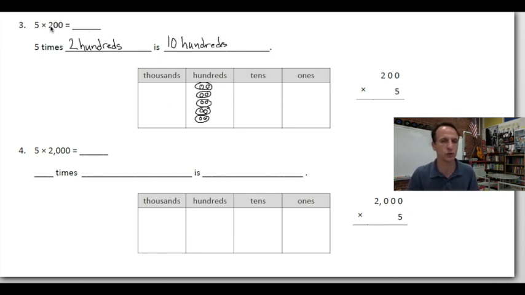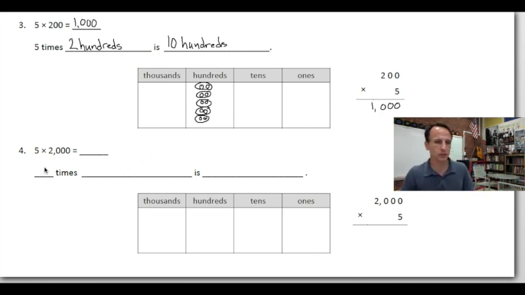And 5 times 200: 200, 400, 600, 800, 1,000. My answer makes sense. And the same thing over here in vertical form. 200 times 5 is 1,000. So you get used to writing it in 4 different ways. You really understand what you're doing.